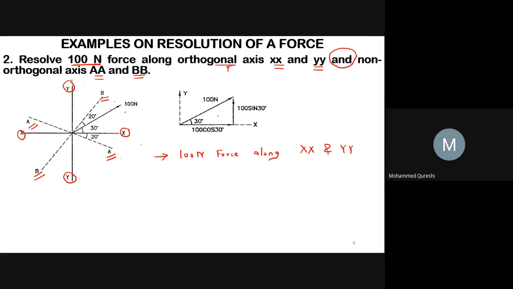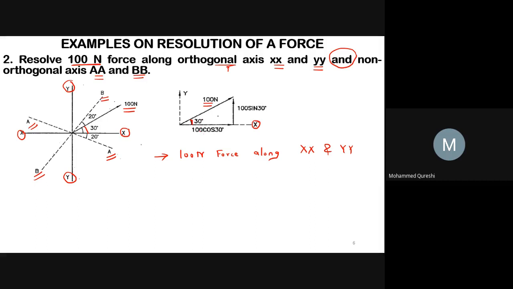So you may see here this is 100 Newton. I am plotting this 100 Newton over here, and it makes an angle of 30 degrees with the x axis. This force can be split into two mutually perpendicular components.